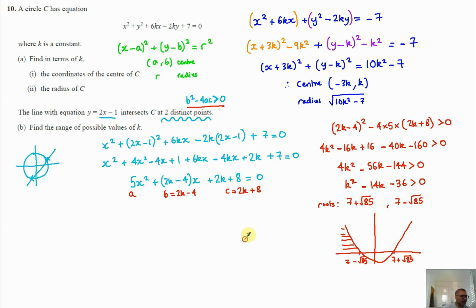So therefore k must be less than 7 minus root 85. And equally on the other side, anything that's an x value greater than, or k value in this case, 7 plus root 85, all of these values will be above 0. So therefore k must be greater than 7 plus root 85. And we found the possible values of k.